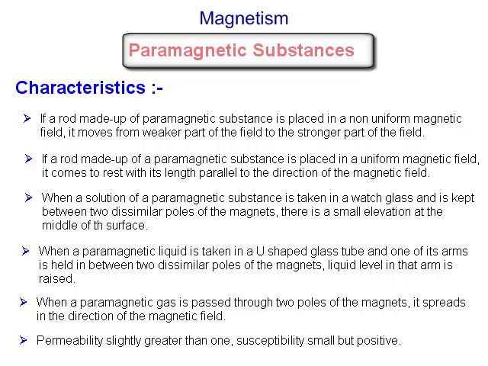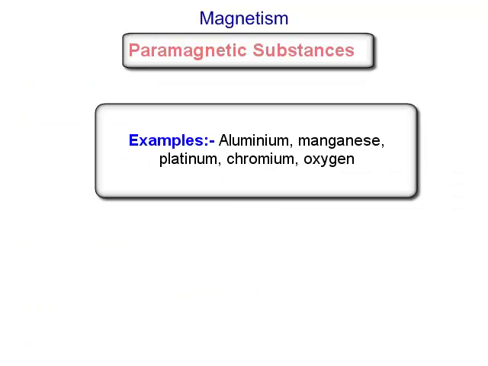The magnetic permeability of paramagnetic substances is slightly greater than 1 and susceptibility is small but positive. Aluminium, manganese, platinum, chromium, oxygen, etc. show paramagnetic nature.